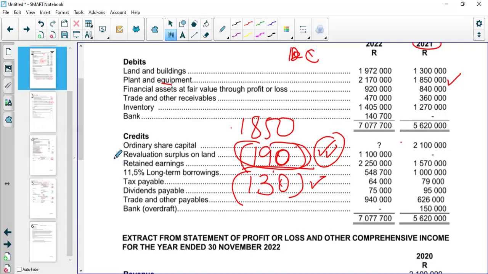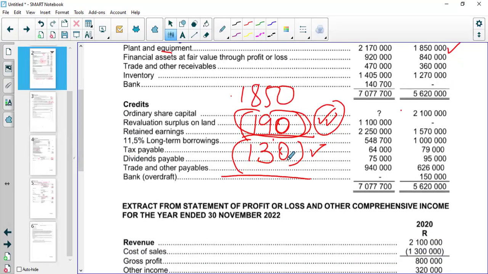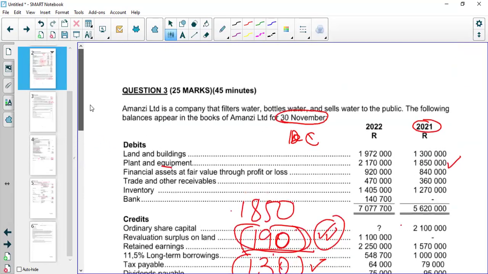Now, if we remove that as well, we should be left with 1,850. We have removed 190 carrying amount. Then we also removed 130 depreciation on the remaining. So the carrying amount should be 1,530. Right, but we see here we have a balance of 2,170.